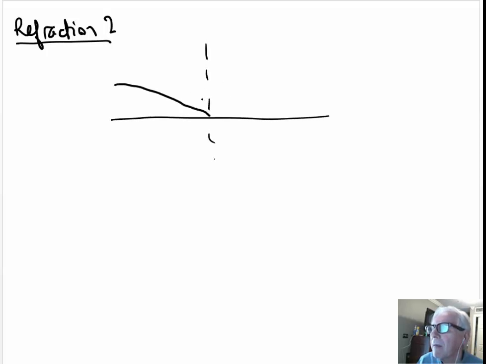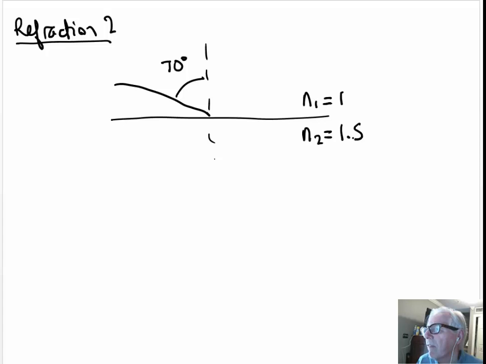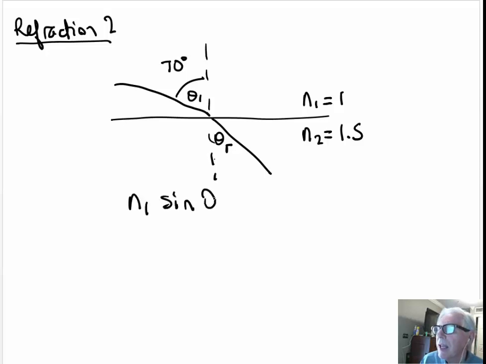I'm going 70 degrees and n1 equals 1 and n2 equals 1.5, and I want to know that angle. n1 sine theta 1 equals n2 sine theta 2. Let's now pretend we don't know the angle.